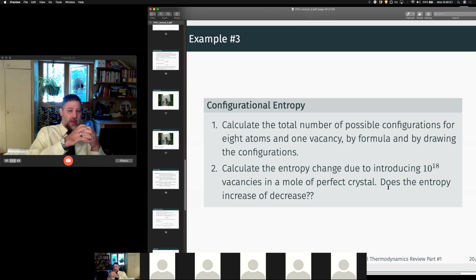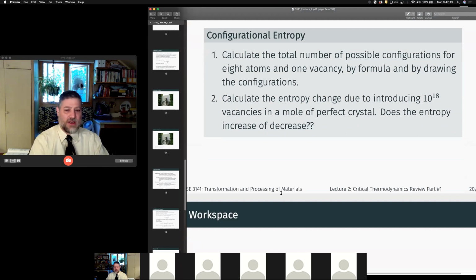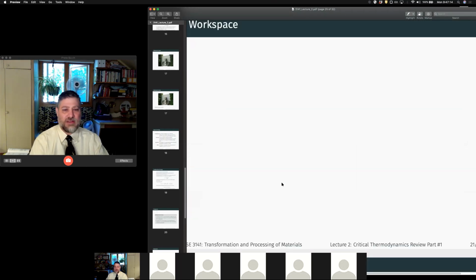And so the content of vacancies and the stability of vacancies are actually really important for later concepts in this class. And if you didn't catch any of that, don't worry about it. We're going to talk about all of these things in detail later.